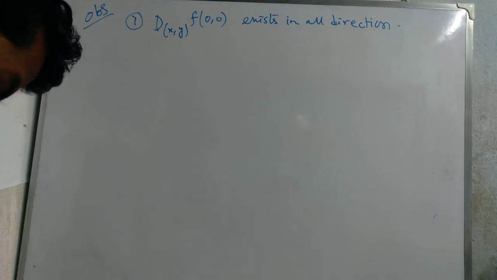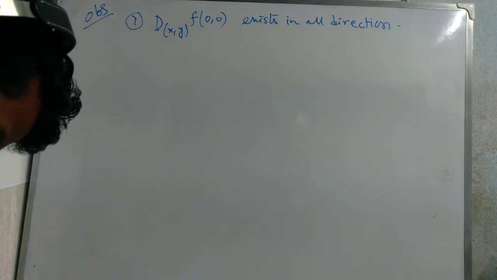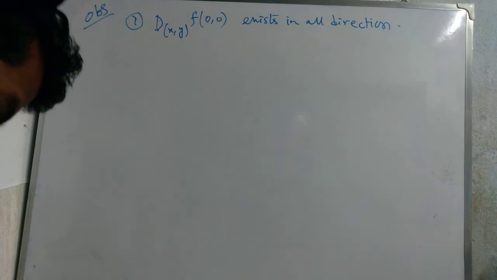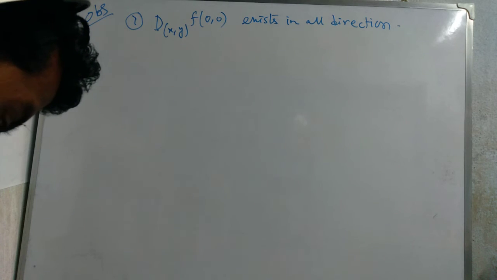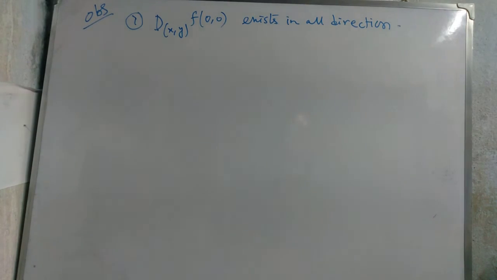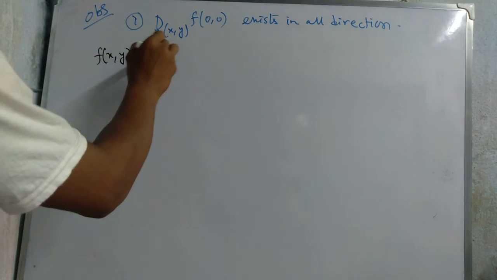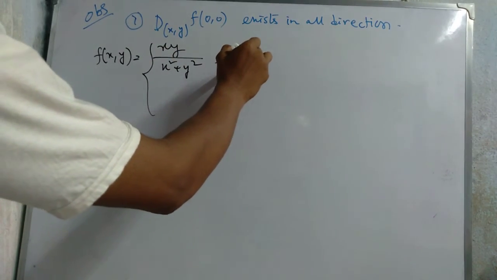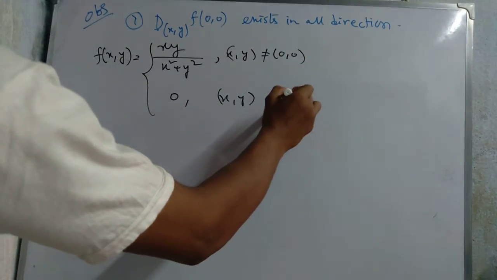And then we also define f(x, y) equal to xy by x² + y², for (x, y) not equal to (0, 0), and 0 if (x, y) equal to (0, 0).